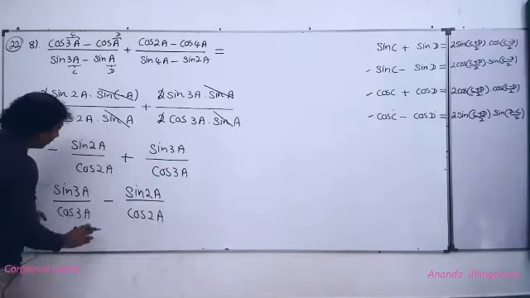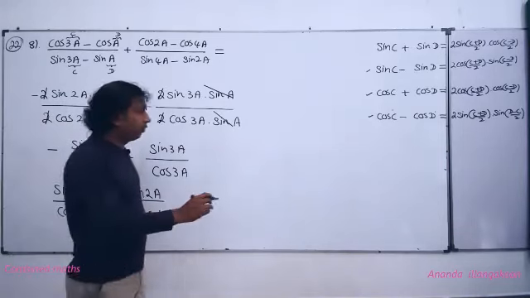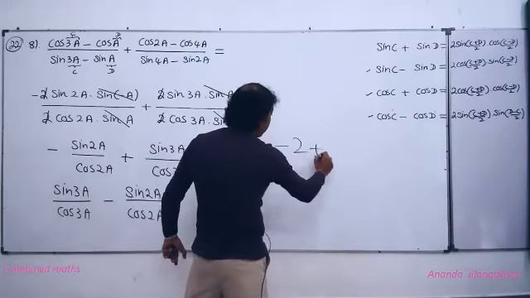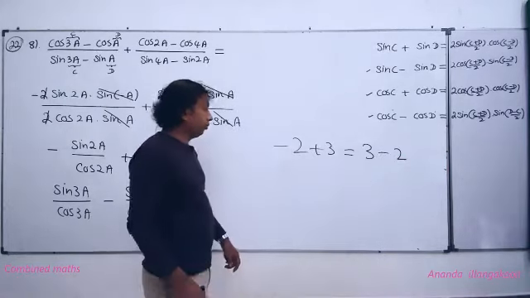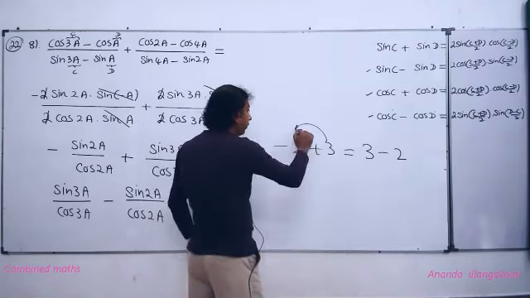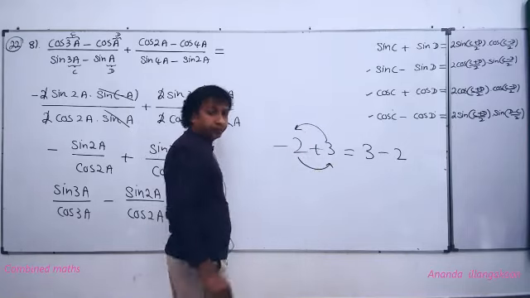Okay, the same thing, we know, people, if we have something like minus 2 plus 3, this is the same as 3 minus 2, no? We can interchange the places with the signs over there.